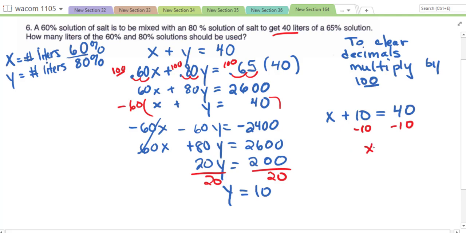So x equals 30. So let's think about this a second. I have 30 liters of 60%. That's why it's important to get your words on here at the beginning. 30 liters of 60%.